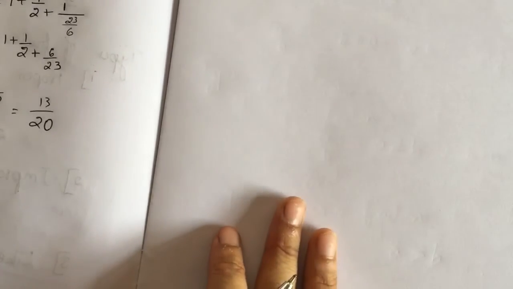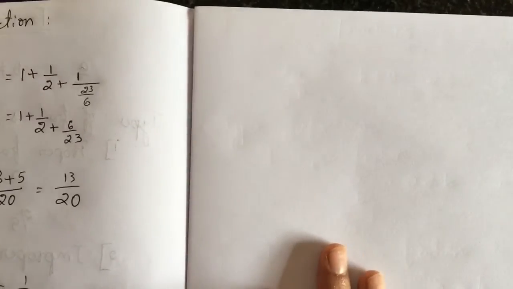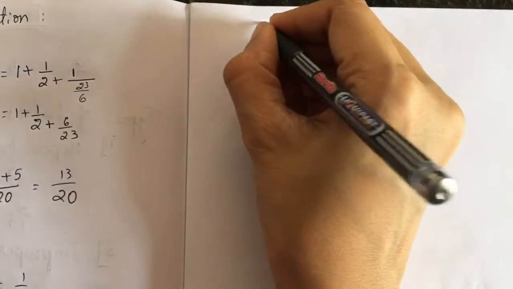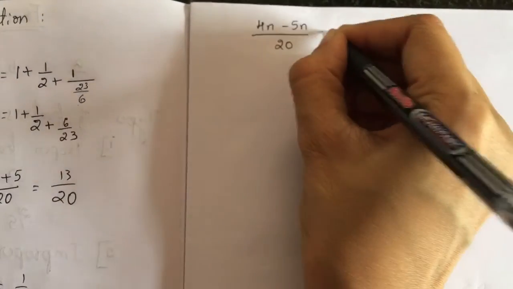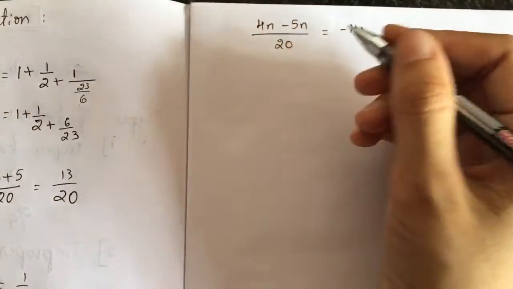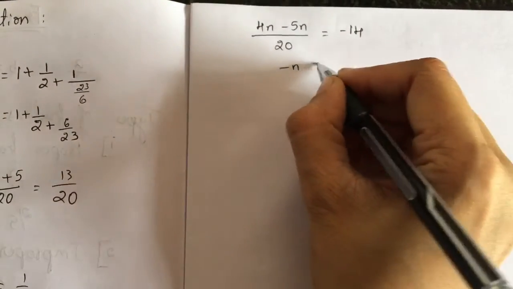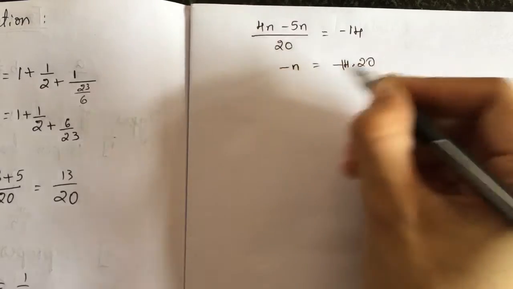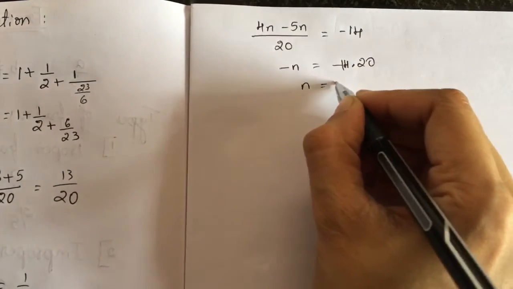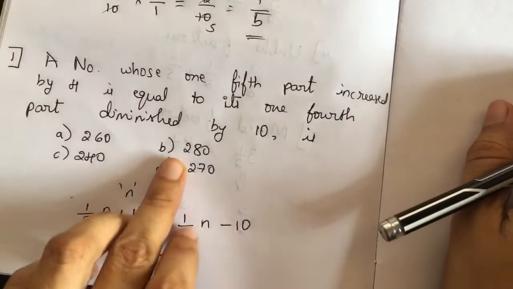After that, you can just simplify this. So it's 4n minus 5n divided by 20 equal to minus 14. Simplify: minus n equal to minus 14 into 20, so n equals 280. So the option is B.